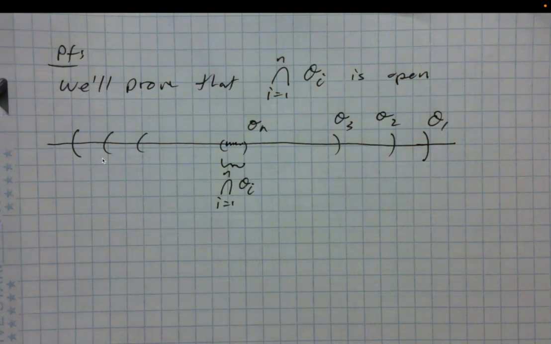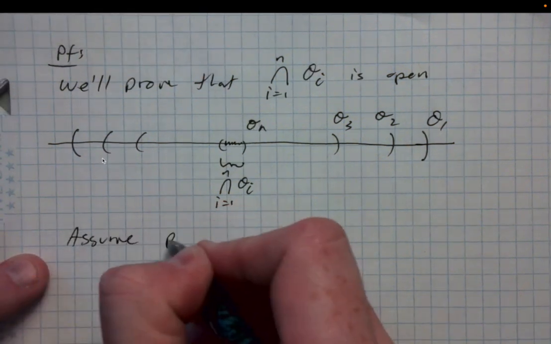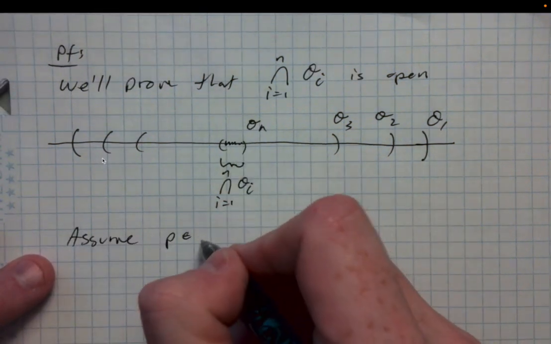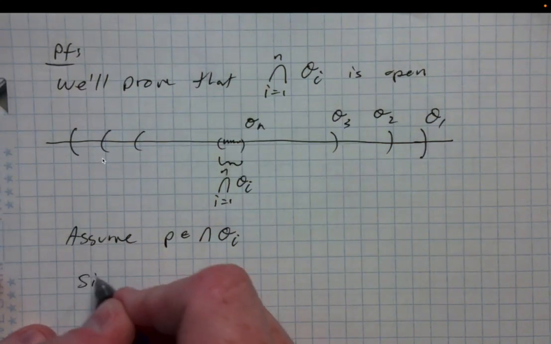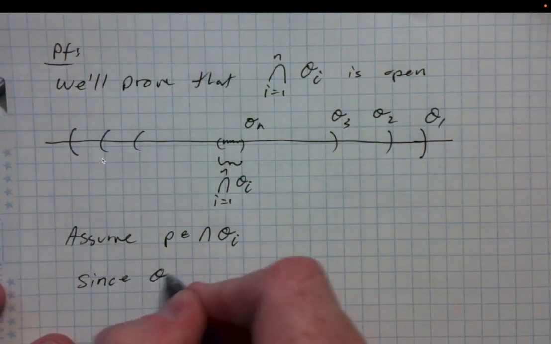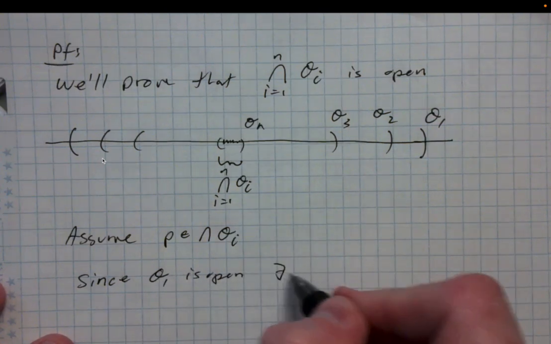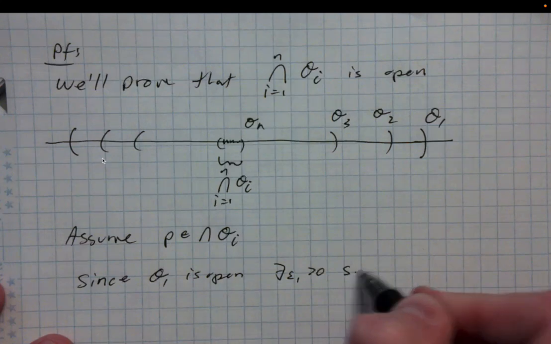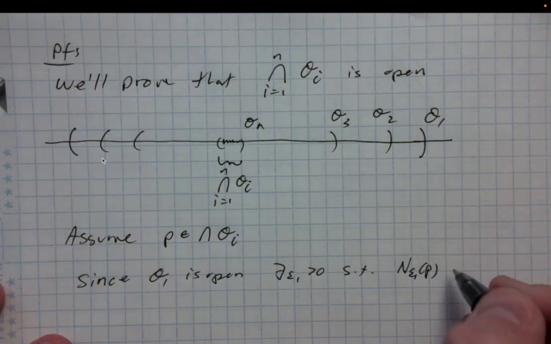Right, so let's assume that P is inside the intersection of these open sets. Now, the way we're going to do this is we're just going to say, well, since O1 is open, there exists an epsilon 1 greater than 0 such that the epsilon 1 neighborhood of P is in O1.